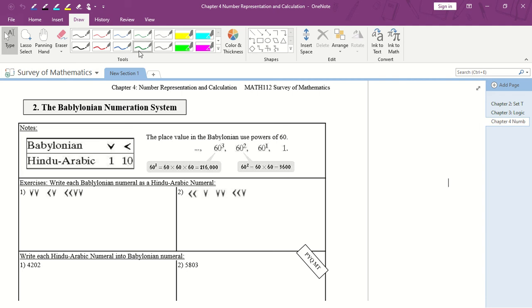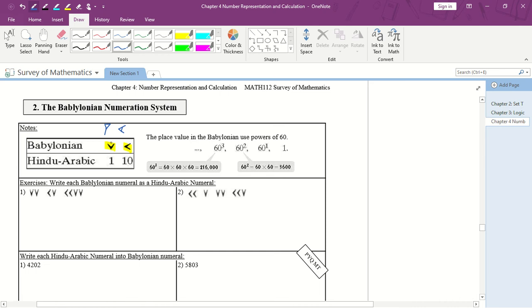First thing you need to know is that the Babylonian numeration system only has two symbols, which is going down and going to the left. In the real writing, it looks something like this, but just for simplification, we make it just a down or a left.